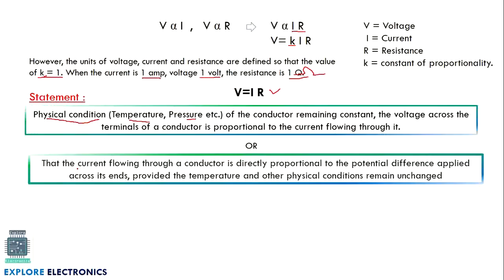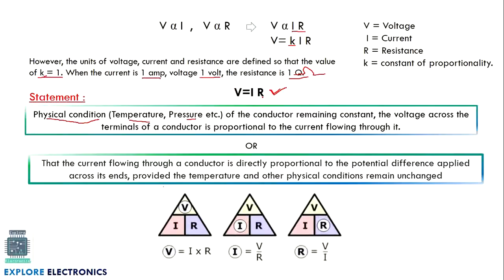Or we say that the current flowing through the conductor is directly proportional to the potential difference applied across its ends, provided the temperature and other physical conditions remain unchanged. So the final expression for Ohm's law is V is equal to IR, when other conditions are assumed constant.